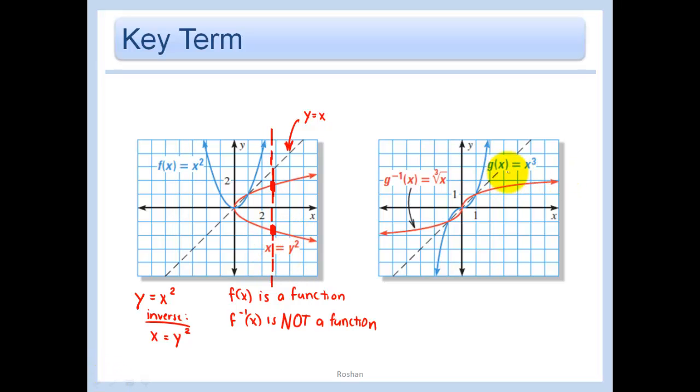However, if we look at this function here, y equals x cubed, and we look for its inverse, let's say x equals y cubed, because we interchange the x's and the y's. So if we solve for y, we would do the 1/3 power of each side, right? So y equals x to the 1/3 power.